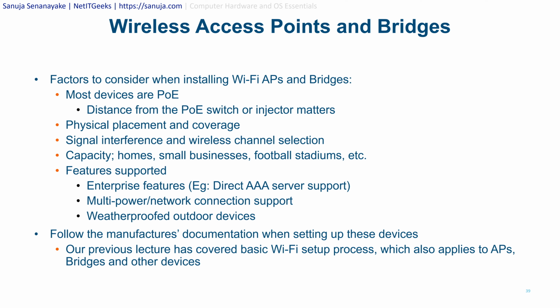In my previous lecture, I covered some basic Wi-Fi setup process, which can also be applied to how we set up access points and bridges and other devices as well. So those are just general methodologies. As a technically inclined person who is interested in A+ certification and working as an IT technician, you should always be able to read those manufacturers' documentation and understand how those specific little details are different from manufacturer to manufacturer, and then you can use them to set up these network systems.